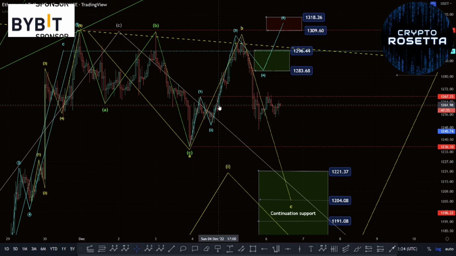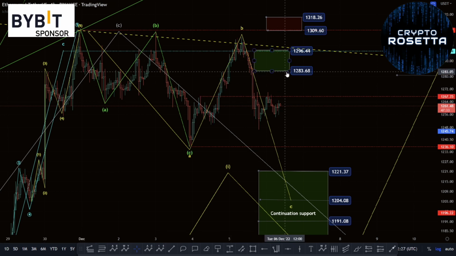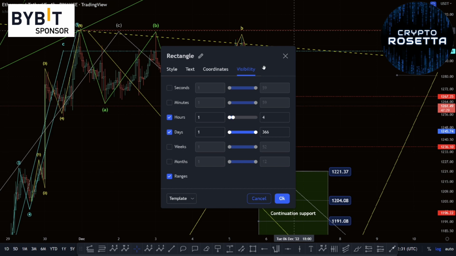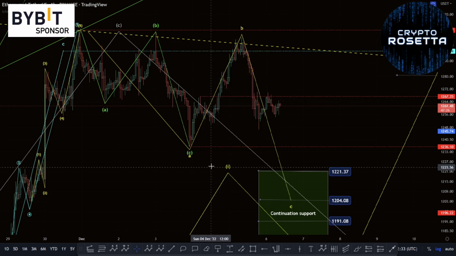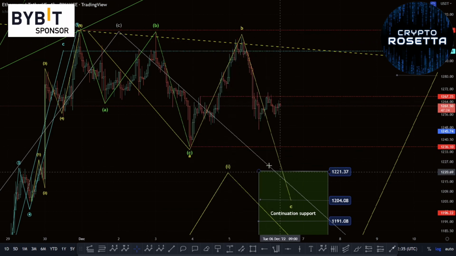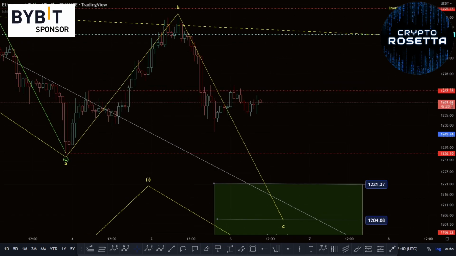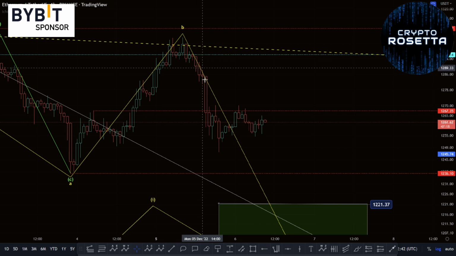And let me remove this actually so that it's out of the way. Basically what we'll be looking for then is this is an A wave, a B wave, and then a C wave to the downside. So we seem to have a move here which could potentially be completed, but it could have another leg to the downside.